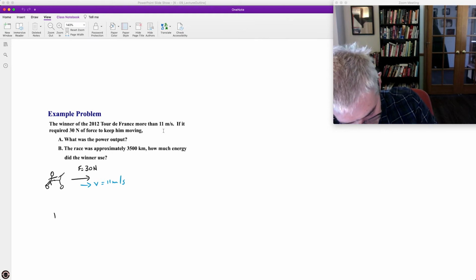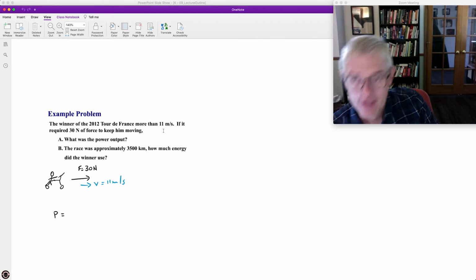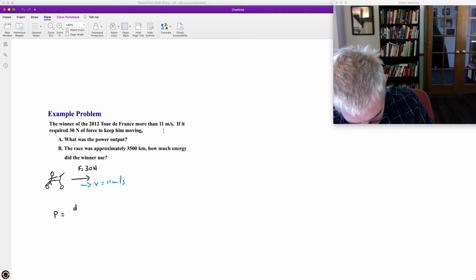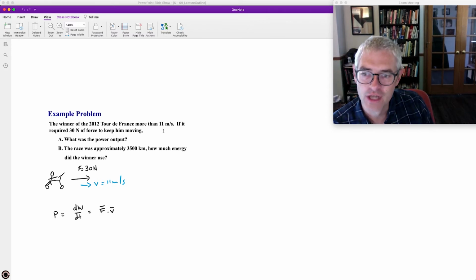So the power, right? It's equal to the change in work over change in time, dW/dt, which we represented in the last one as force dotted with the velocity.